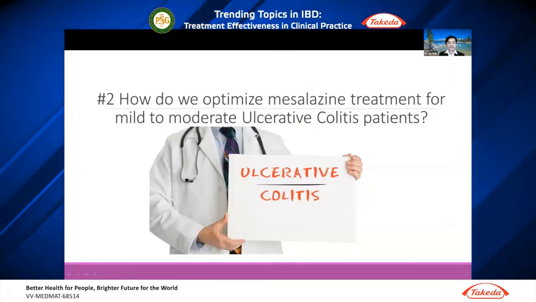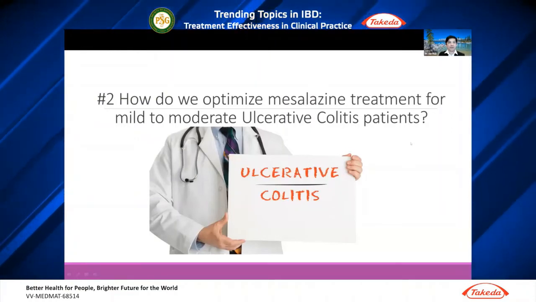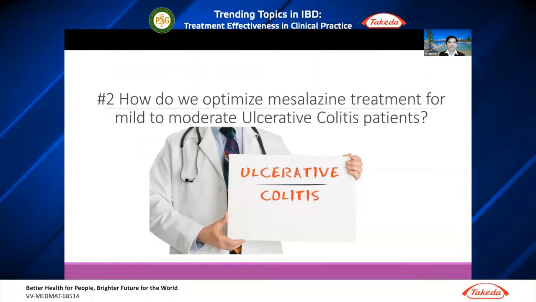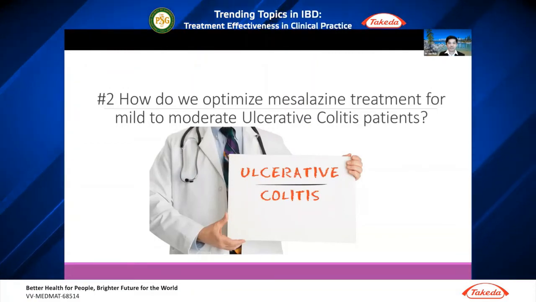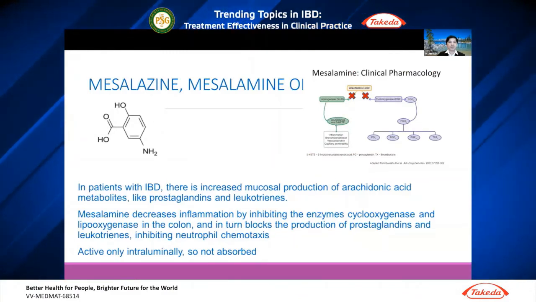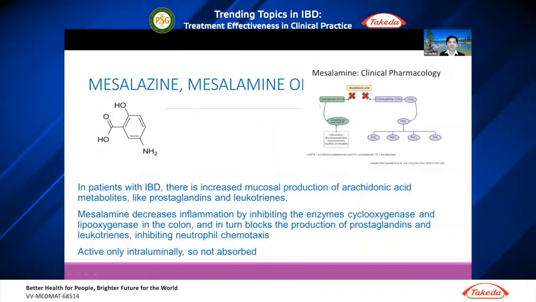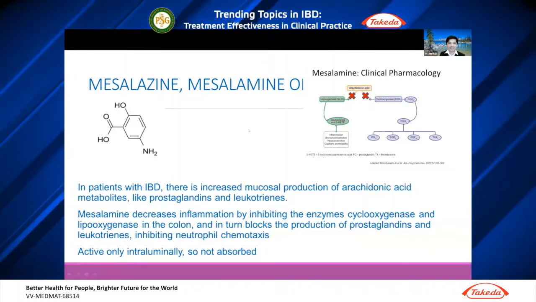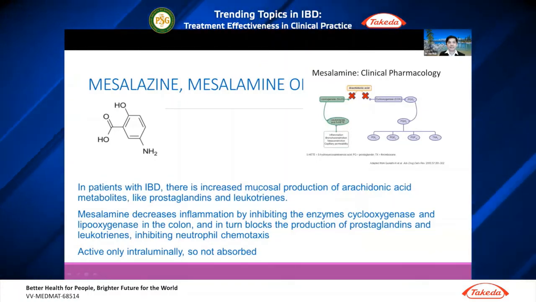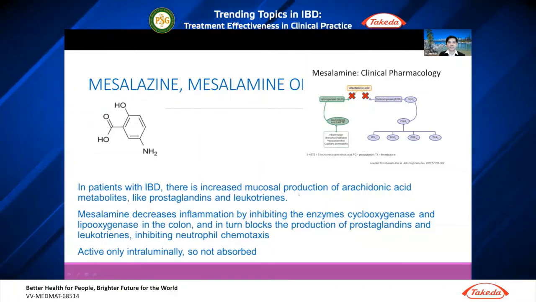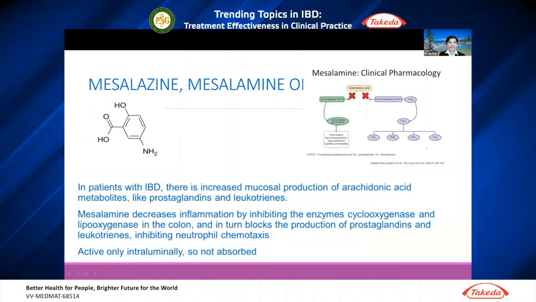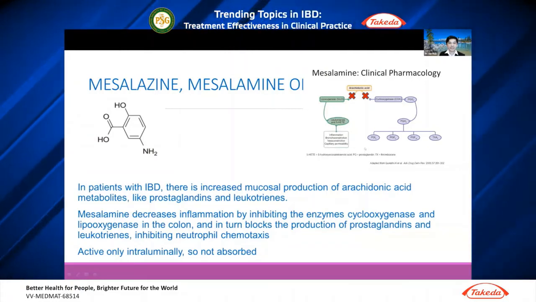So our next question is, how do we optimize mesalazine treatment for mild to moderate ulcerative colitis patients? So mesalazine, or mesalamine, is also known as 5-ASA. In patients with inflammatory bowel disease, there is increased mucosal production of arachidonic acid metabolites like prostaglandins and leukotrienes.